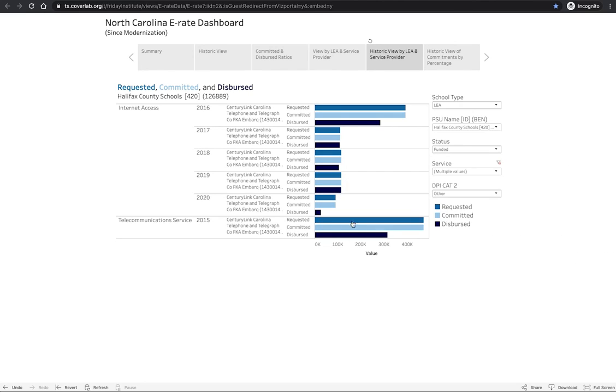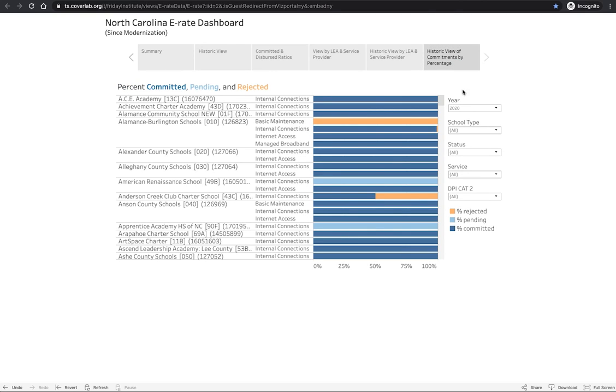The problem, I would say, with Halifax County would be that while the schools have great connectivity, most of the kids out in the country don't have any access. So something to consider there. And then this is looking at the same data on a percentage basis and across multiple districts, and instead of by vendor, it's just by service type.